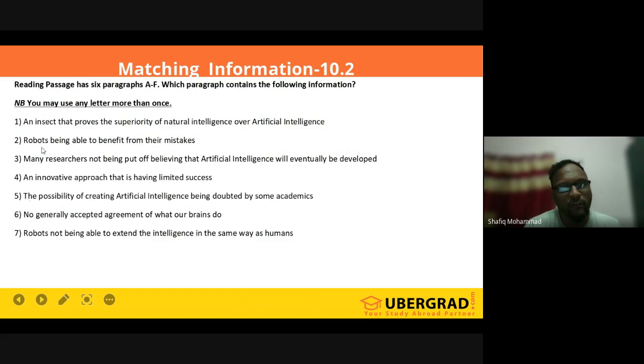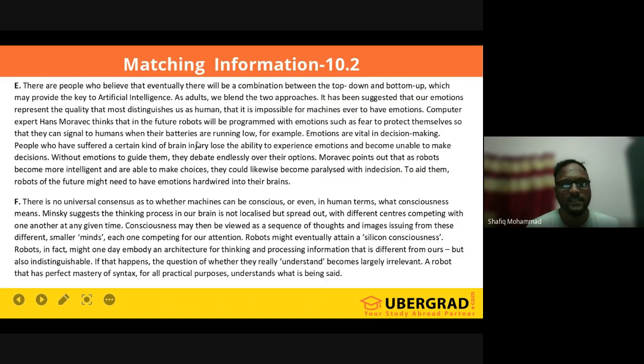Robots being able to benefit from their mistakes? Yes, it should be D. So he changed the course because it was bumping into things, isn't it? So then he changed the course to make it proper. So robots being able to benefit from their mistakes is D.